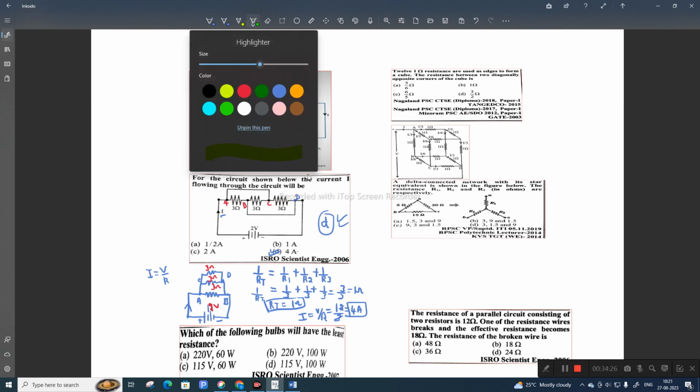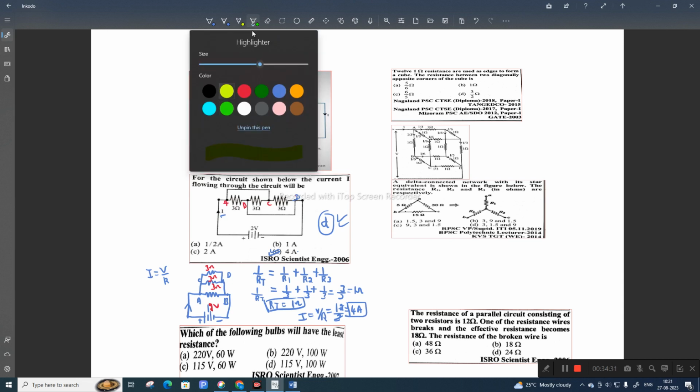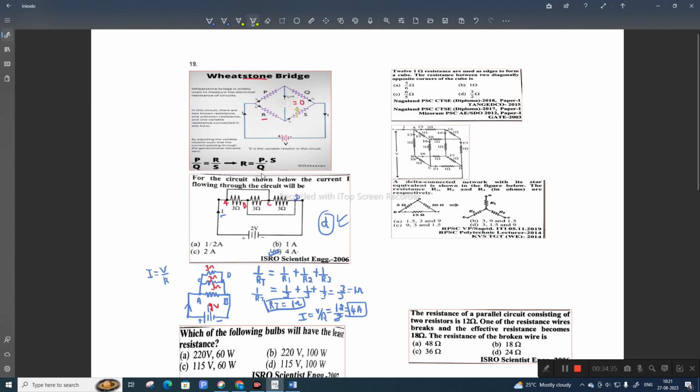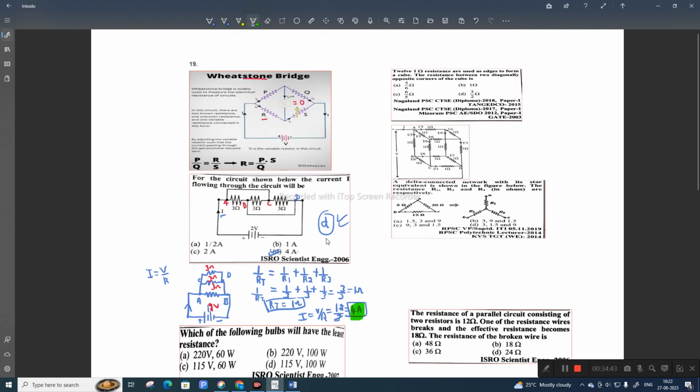I hope you are clear in this. Mark it with a highlighter. Just a moment. So 4 amps is the right answer for this.